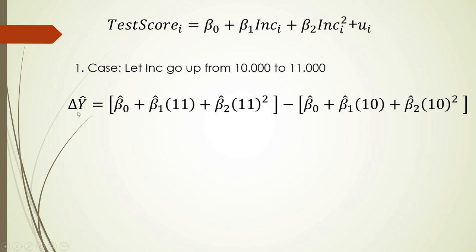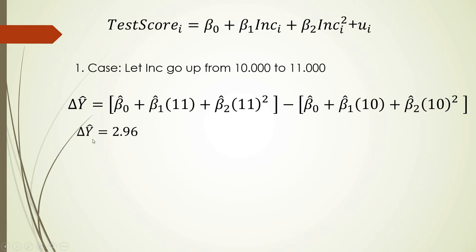In that way, we will get the average change of our dependent variable, the average change of test scores when income goes up from 10 to 11,000. We know the values of the coefficients, so it is really easy to calculate. You cannot do it in Gretl, you need to do it with your calculator.